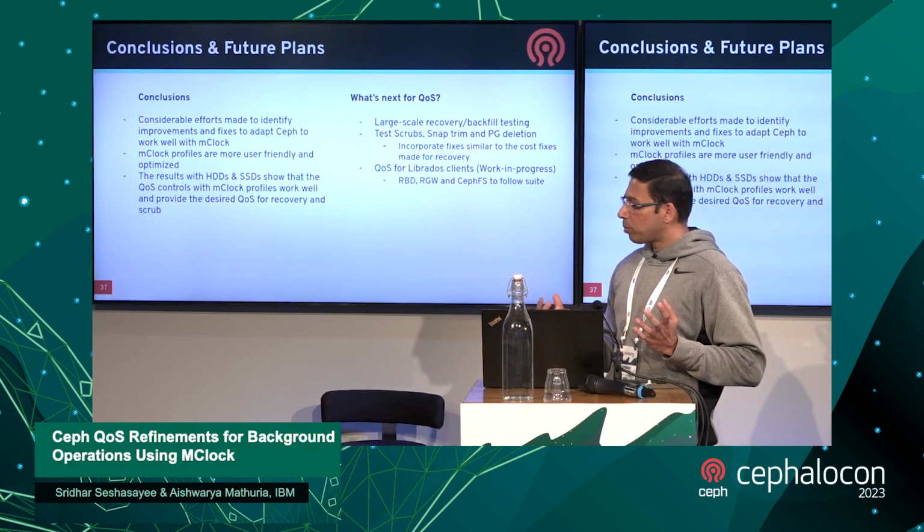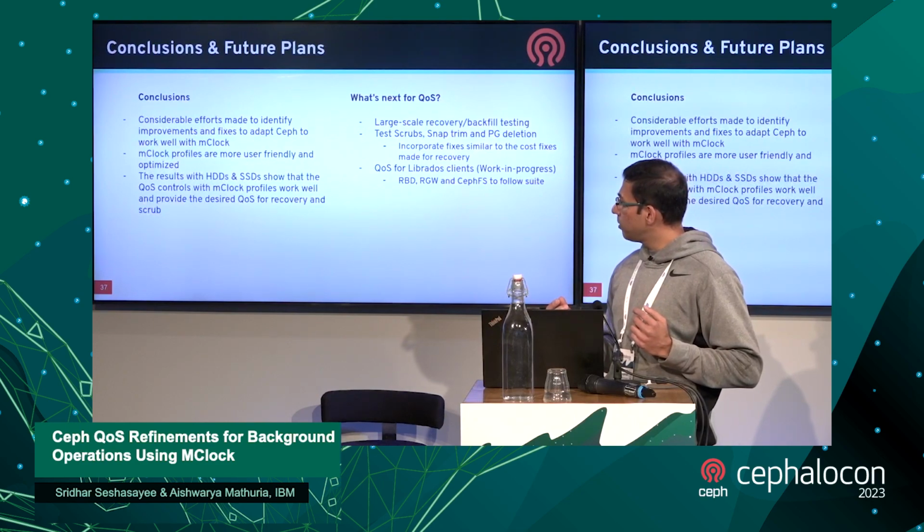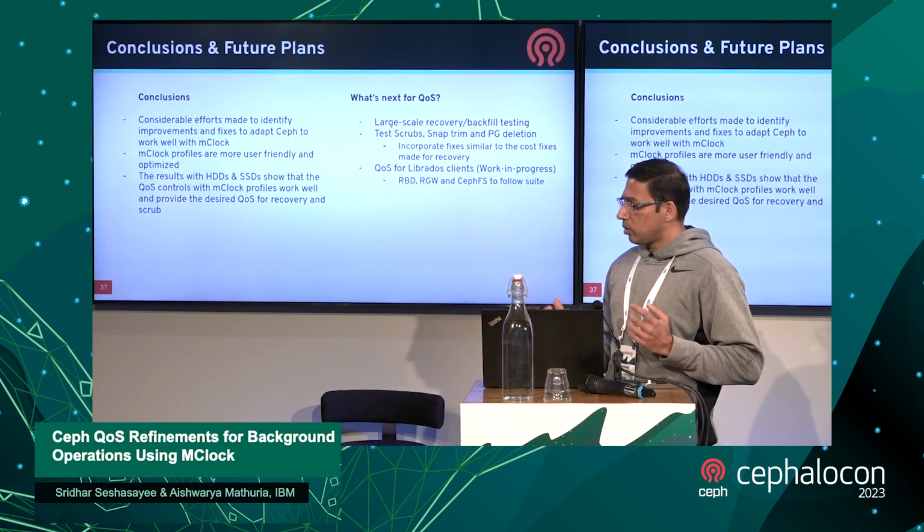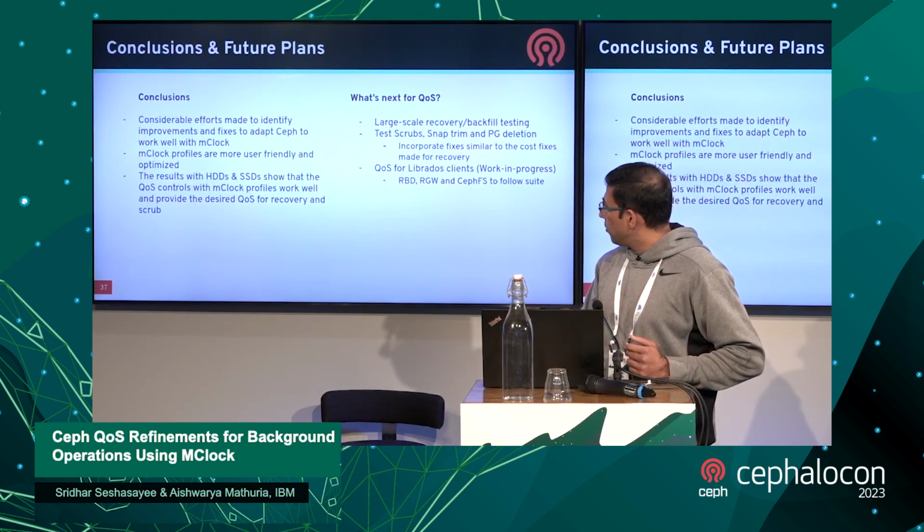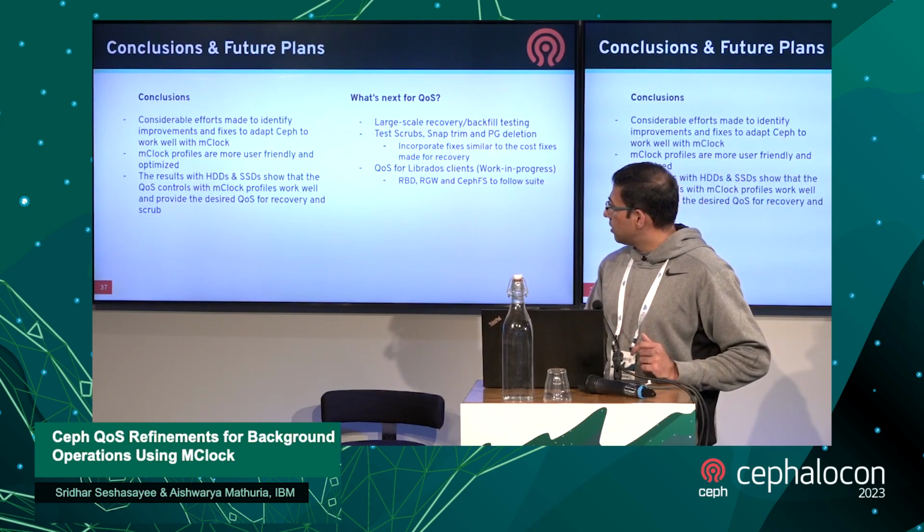There are a ton of sleep options and other cost-related options that people used to modify with WPQ, and we believe that with only MClock profiles, the operators or users should be able to manage the recovery and the client load more effectively without worrying about a ton of knobs and buttons.